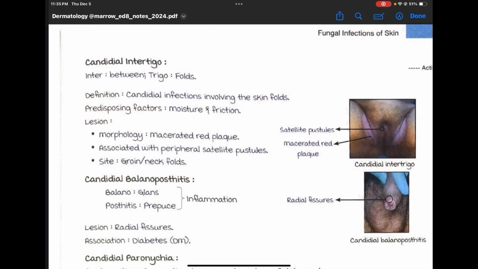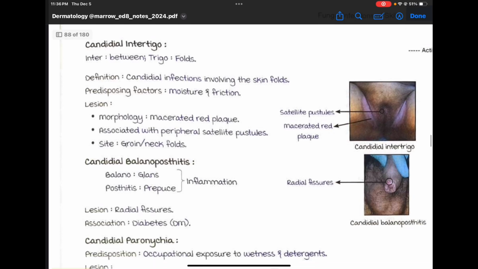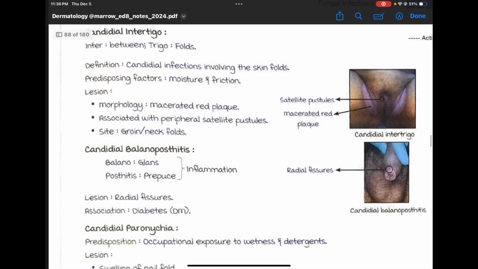Candidal intertrigo, in between thighs, intertrigo, folds. Definition: candidal infections involving the skin folds. Predisposing factors: moisture and friction, satellite pustules, macerated red plaque.